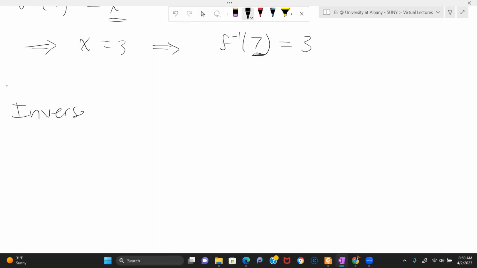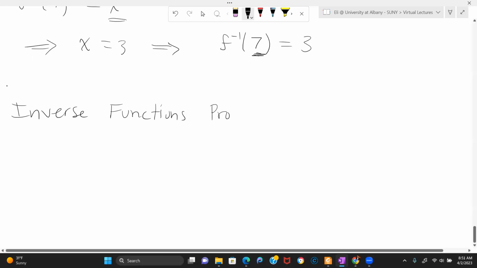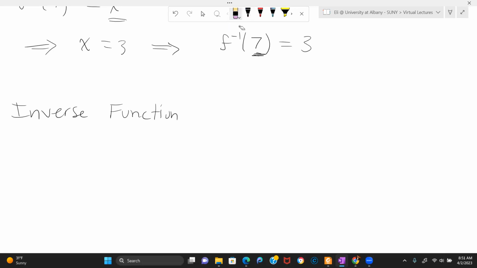So there's another way, and maybe a more straightforward way, of thinking about inverse functions, and in fact determining the inverse function. So, the inverse function property. This is a property of inverse functions. This actually uniquely characterizes inverses. So the setup is as follows.